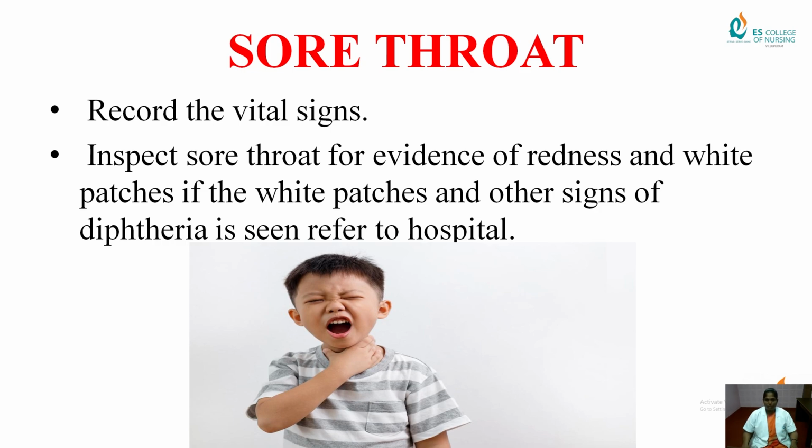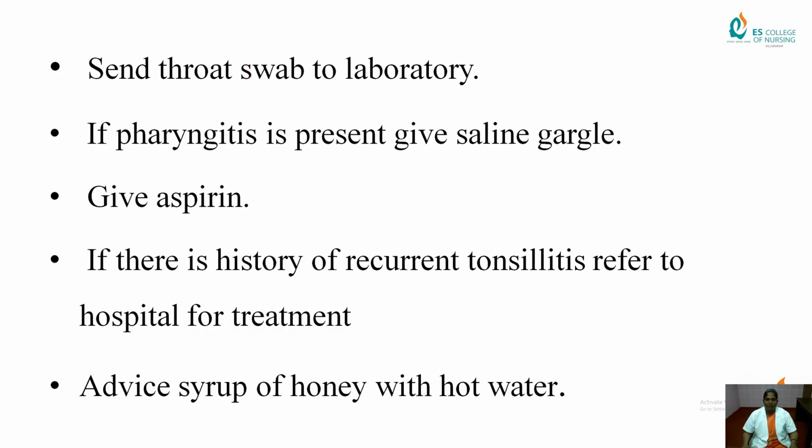Inspect the sore throat for evidence of redness and white patches. If white patches and other signs of diphtheria are seen, refer to the hospital immediately. Then send the throat swab to the laboratory. If pharyngitis is present, give saline gargle. Pharyngitis is nothing but inflammation or infection occurring in the pharynx.